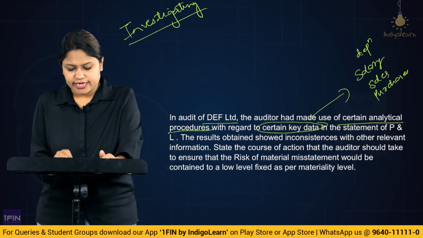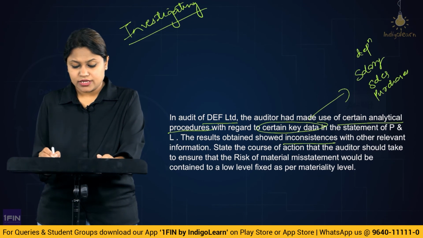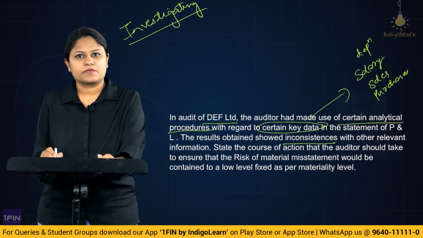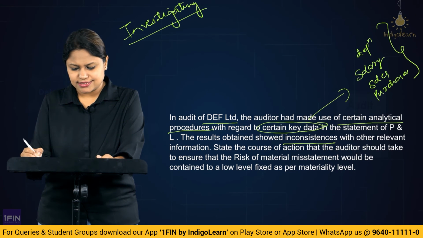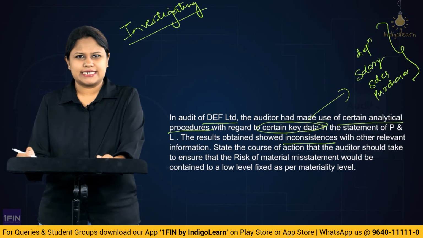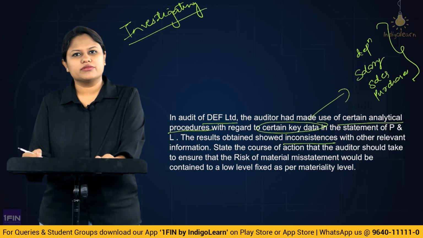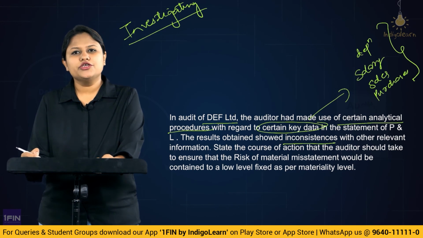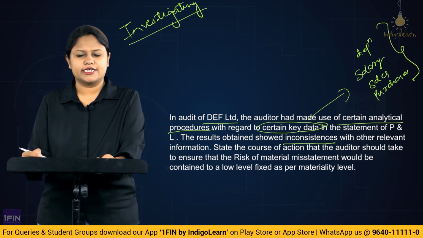The result obtained showed inconsistency with the other relevant information. That means when you already checked this during the course of your regular audit, you did not find any kind of misstatement. So according to you, they are reasonably correct. But after you performed the analytical procedures on them, you came across something which you could not identify.